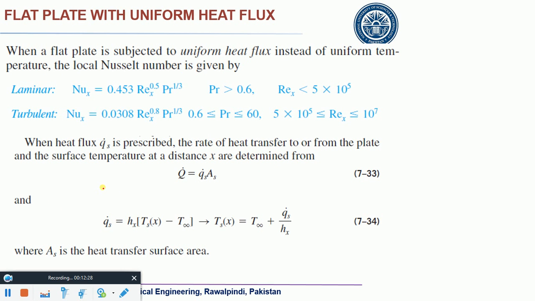Right. Now, if you have a uniform heat flux, all those relationships were based upon isothermal surfaces. Now, if you have a uniform heat flux, then what? You can use these relationships.